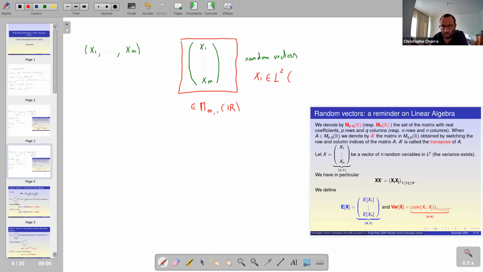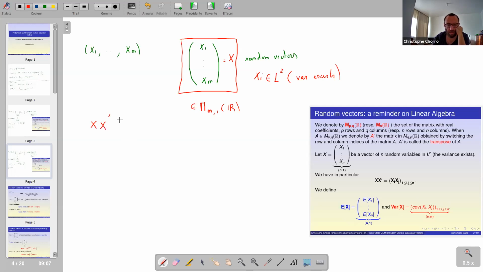Keep in mind that it means that the variance exists. I denote this vector by capital X, a column made from X_1, X_2, ..., X_n, random variables whose variance we can define.